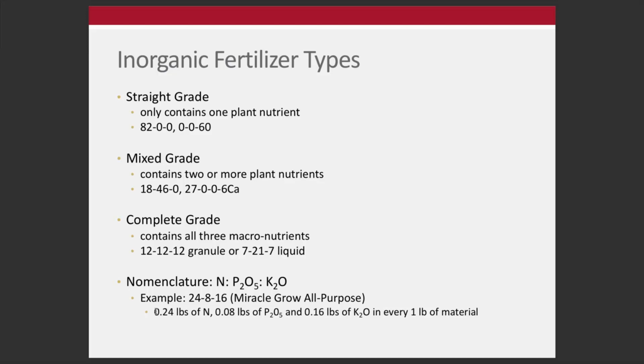It means that for every 1 pound of product, every 1 pound of Miracle Gro contains 0.24 or 24% pounds of N, 8% or 0.08 pounds of P2O5, and then 16% or 0.16 pounds of K2O. So why isn't it just straight NPK and it's this P2O5 and K2O?